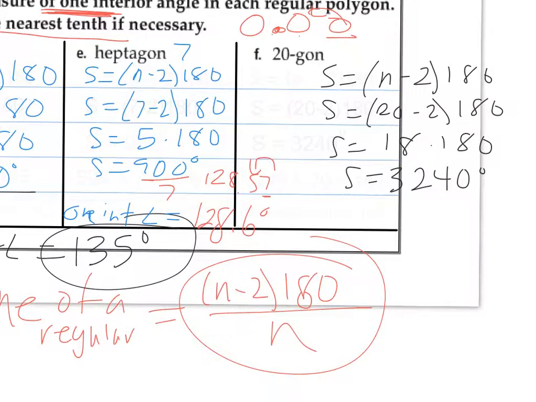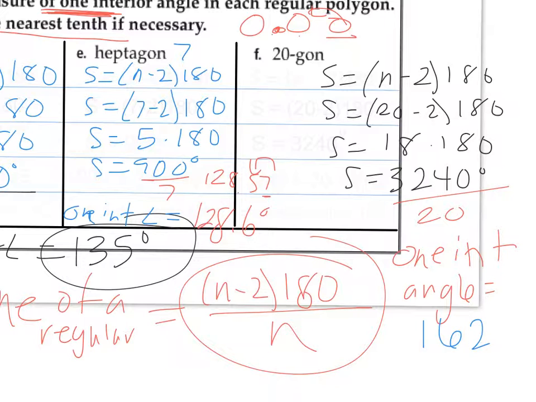And that is split evenly among the 20 angles. So one interior angle is 3,240 divided by 20, for a value of 162 degrees each.